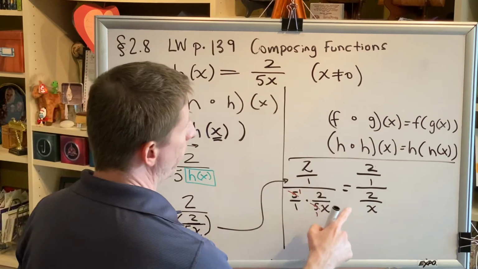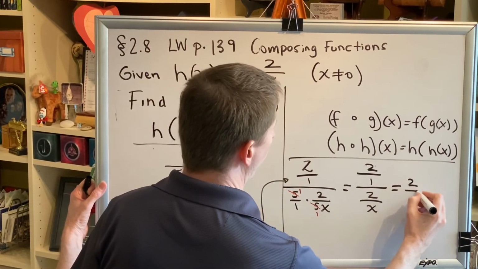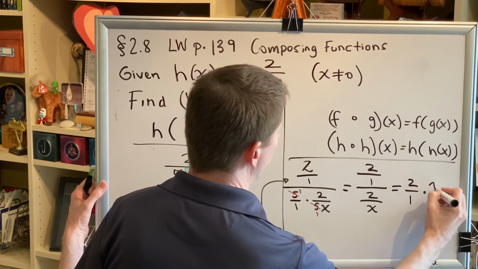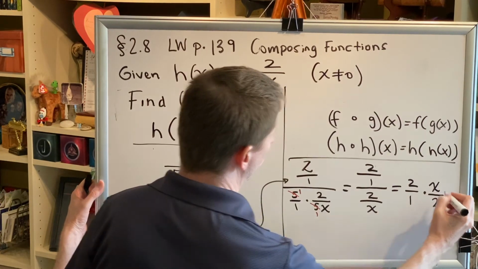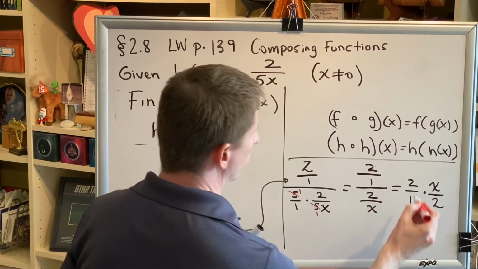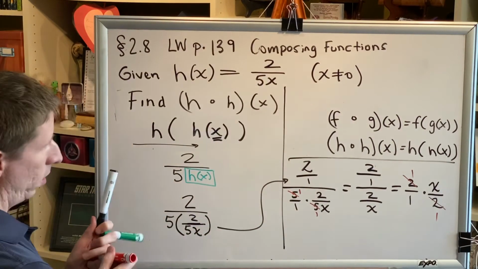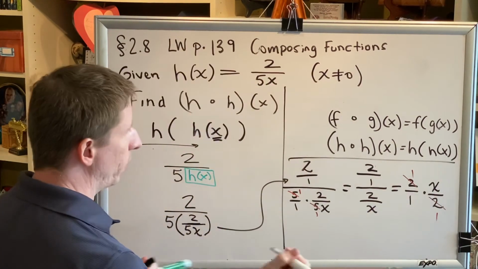The rule for dividing fractions is to keep, change, flip. So I get 2 over 1 times x over 2. These 2's cancel. They each turn into the number 1. And 1x over 1 is simply x.